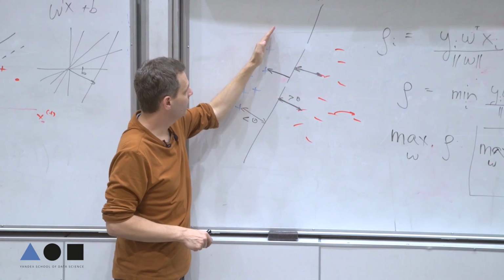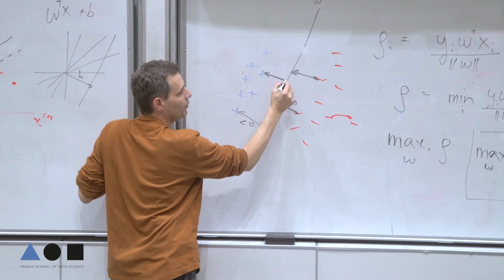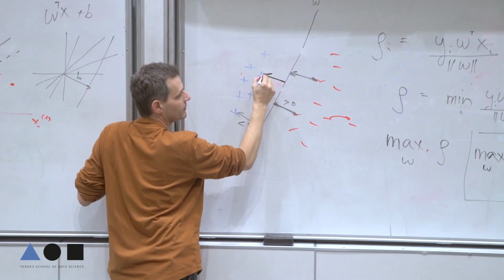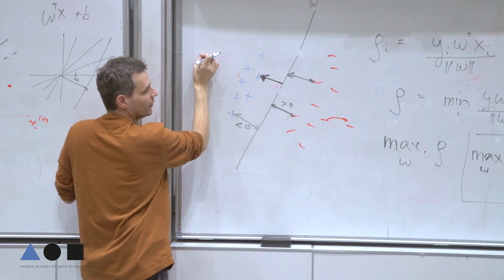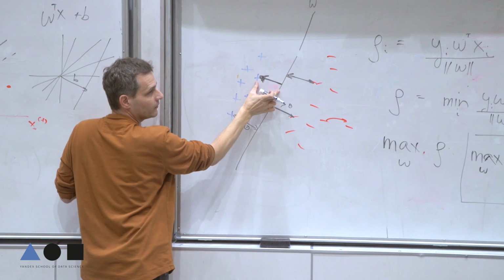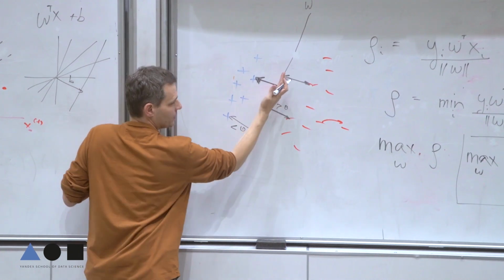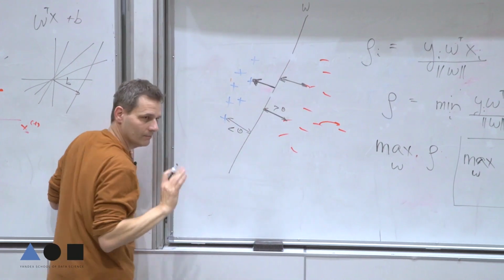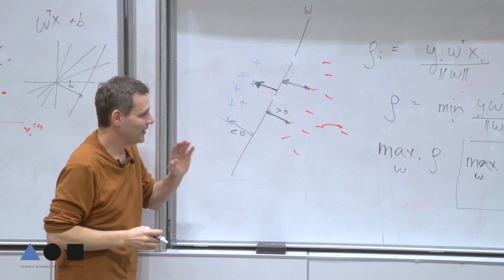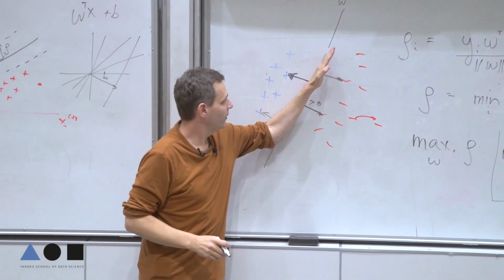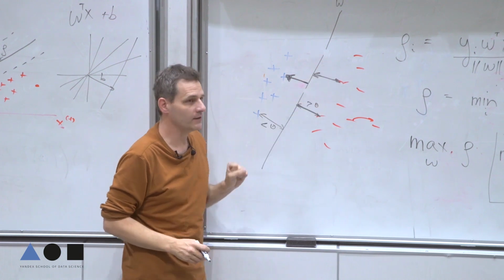That's a really bad margin, right? We wanted to maximize this, but now we wanted to push it more than that. Imagine in your mind that this line tries to move. We want to push it away from this.